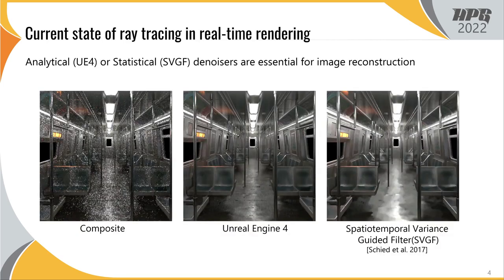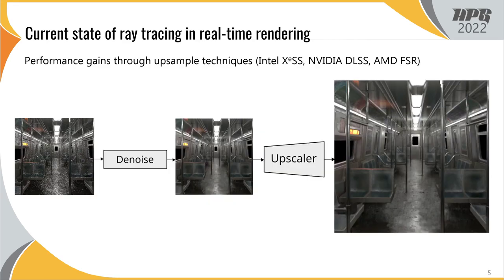To reconstruct a noise-free image, we rely on spatiotemporal filters such as the analytical Unreal Engine denoiser or the statistical-based spatiotemporal variance-guided filters. Even with limited use of ray tracing effects, rendering and denoising at display resolution is expensive. Instead, we can render and denoise at a lower resolution and make use of advanced upsampling techniques to get performance gains.